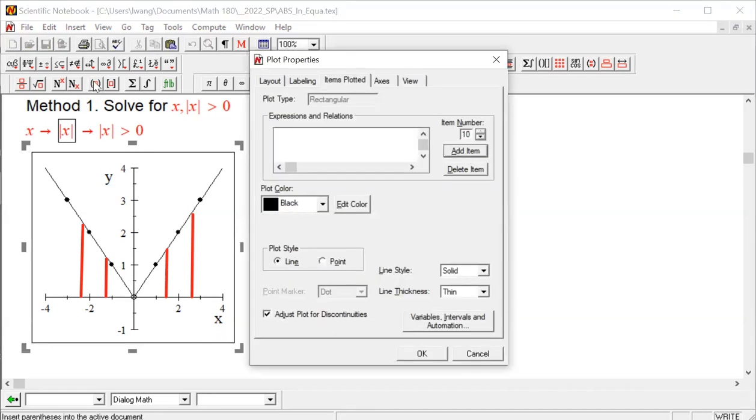So I'm going to graph the solution. The solution is going to be like this. It's red, big.